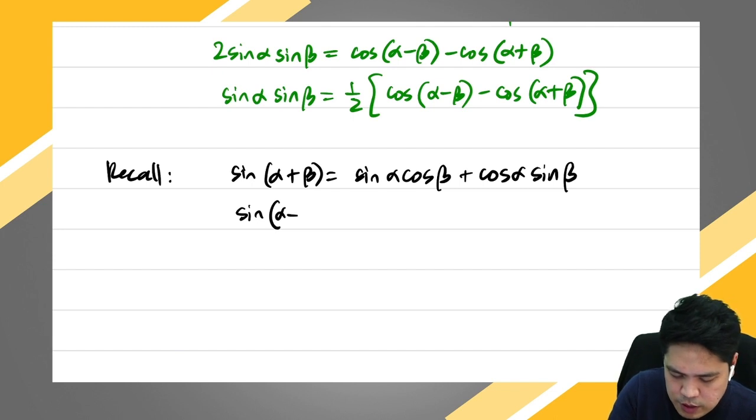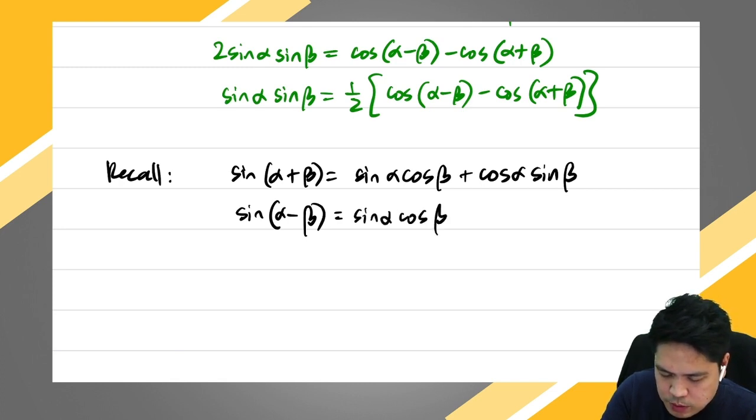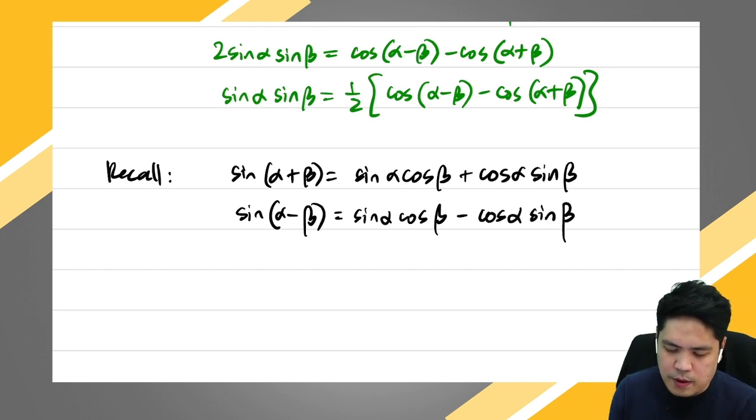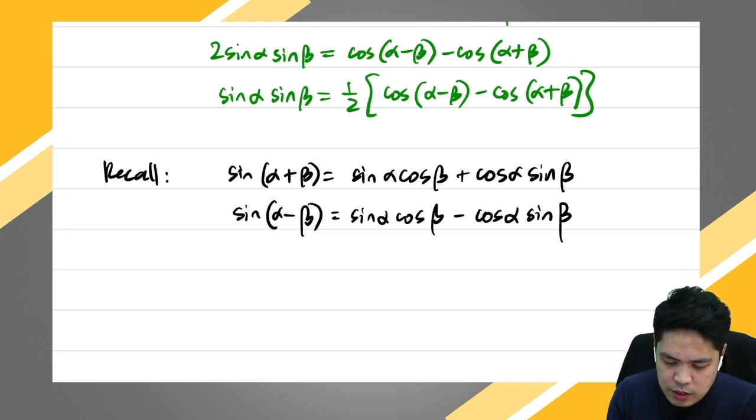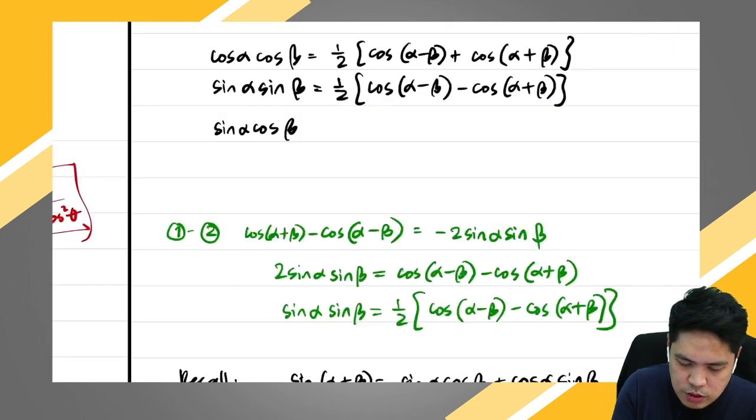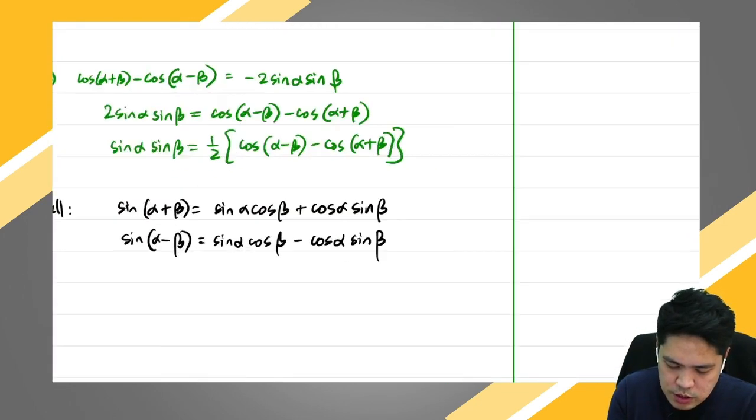So sine alpha minus beta, that would be, parang ganun pa rin, sine alpha cosine beta minus cosine alpha sine beta. Okay? Then, ito na siya yung nag-appear. Ito yung i-derive natin, which is this.